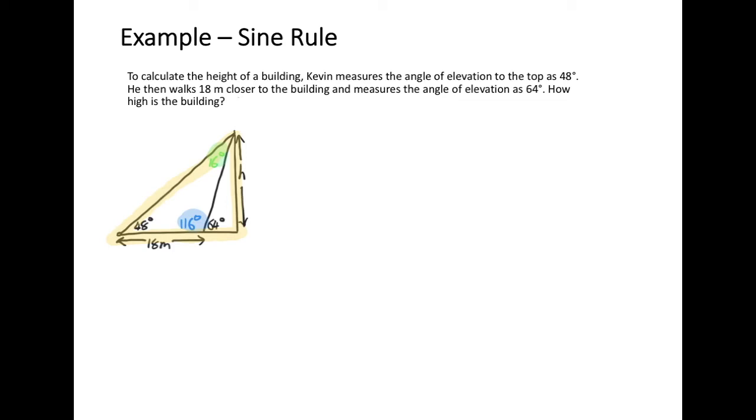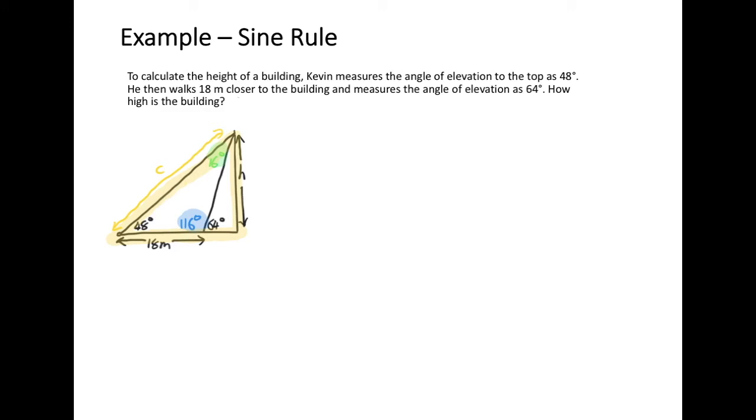Now, to be able to find the height, what I need to know is what is the hypotenuse of that triangle. So I need to be able to work out the length of the side of the triangle, which I'm going to call C. So if I can work out what my side C is, I'll be able to work out the height of my building using trigonometry.